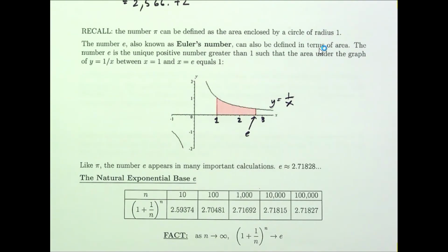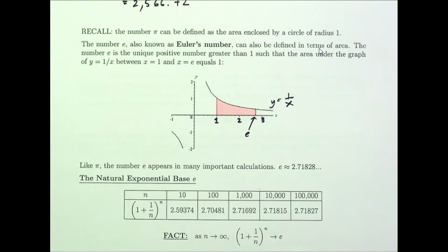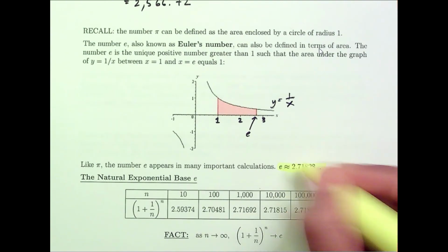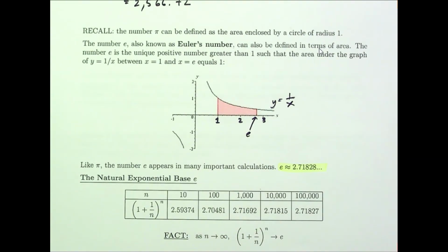And e, as you can see, is a number between 2 and 3. It's closer to 3 than it is to 2, and the exact value is about 2.71828. So that's one way of defining e.